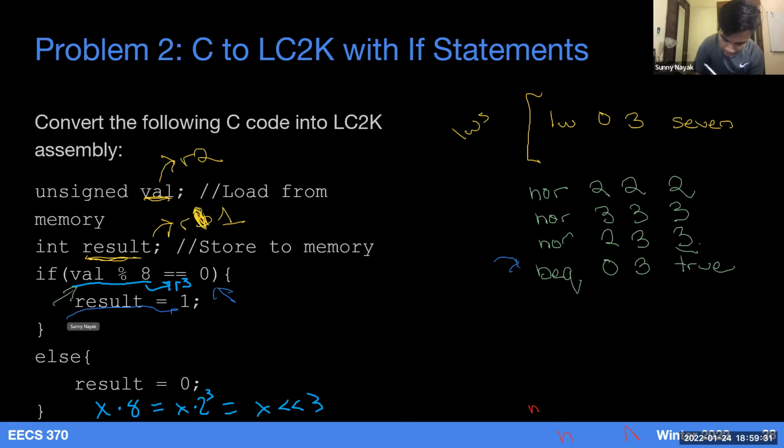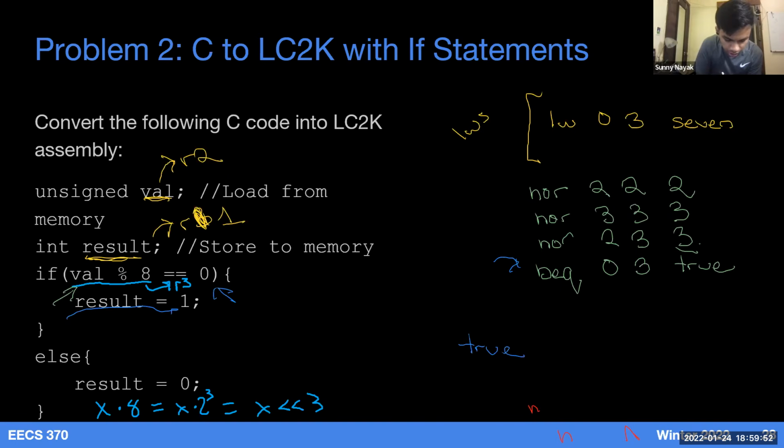So the code that I want to execute when the branch instruction is executed is result is equal to 1. So I'm going to write my label all the way down here called true, and what I want to execute is result is equal to 1.